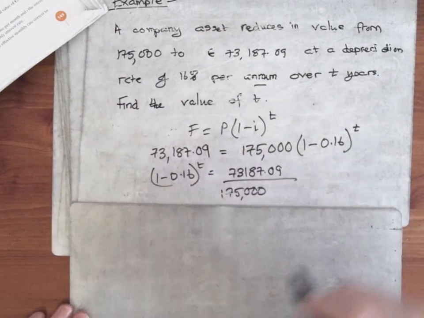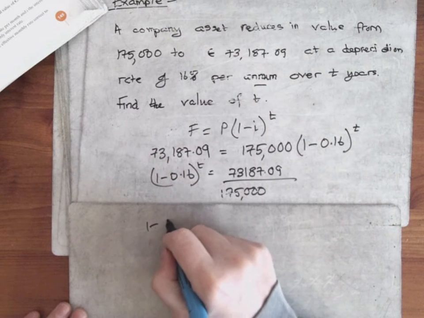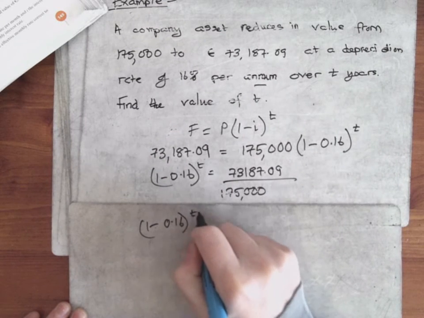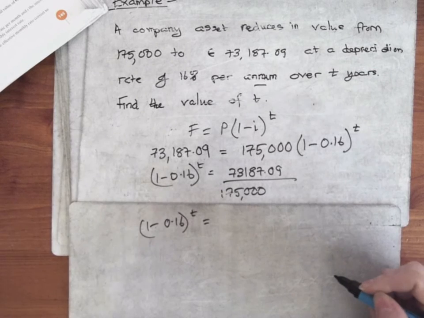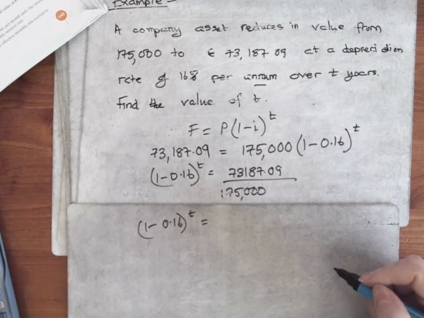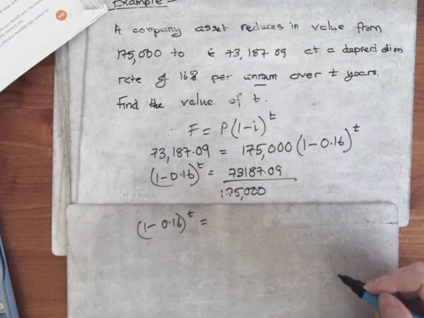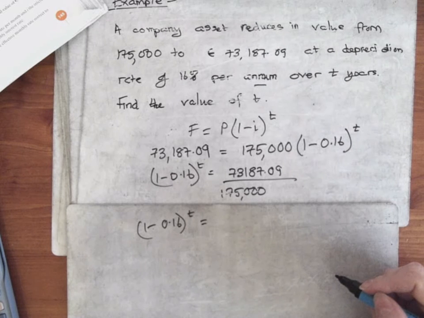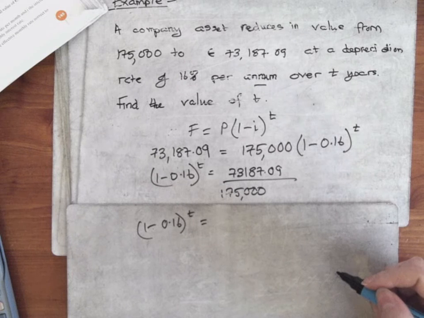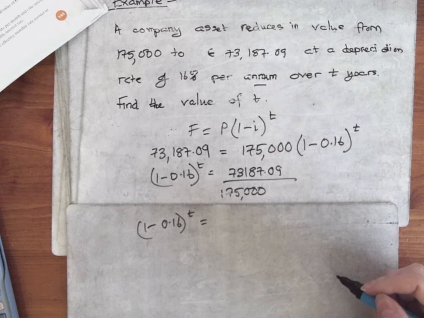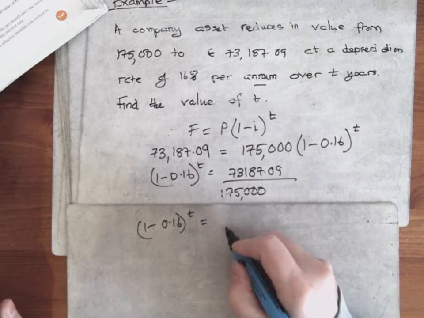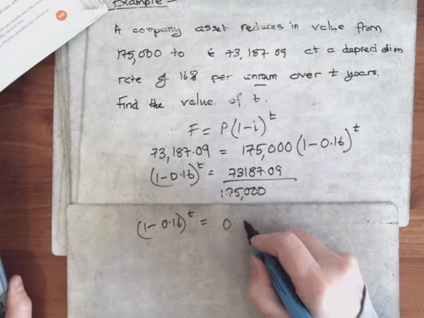So 1 minus 0.16 to the power of t equals 73,187.09 divided by 175,000, which is 0.4182119.